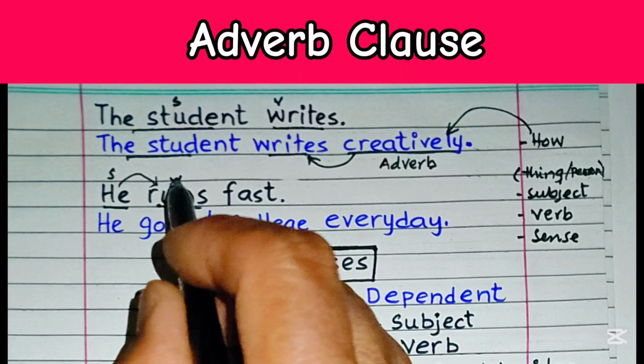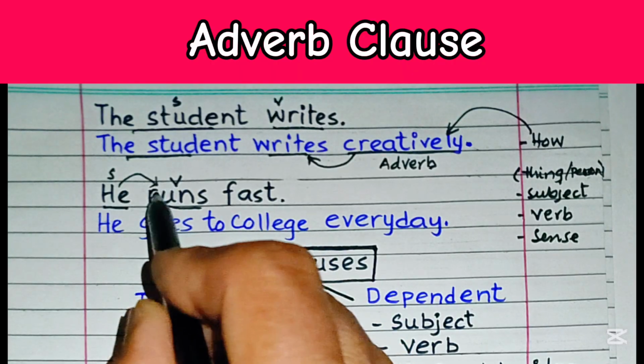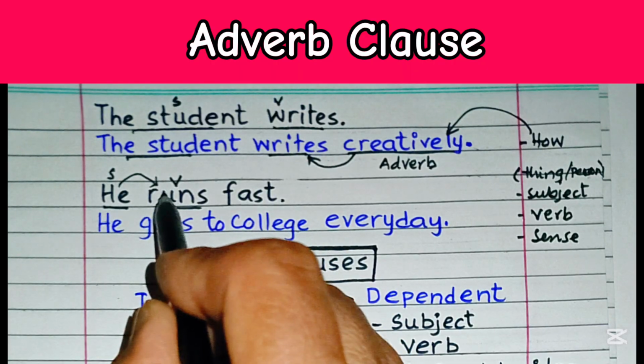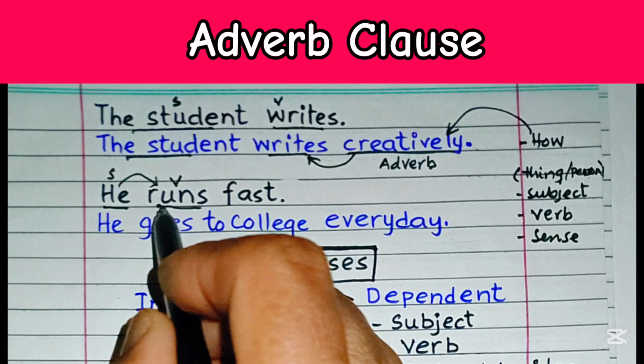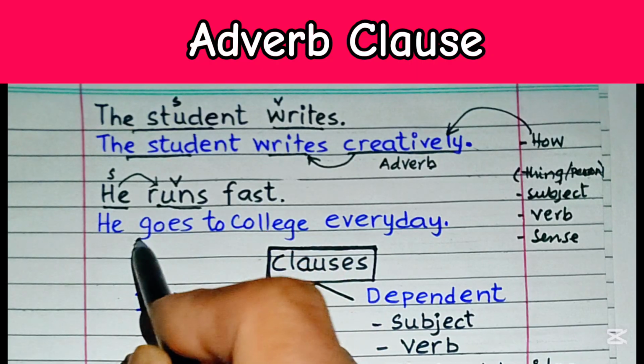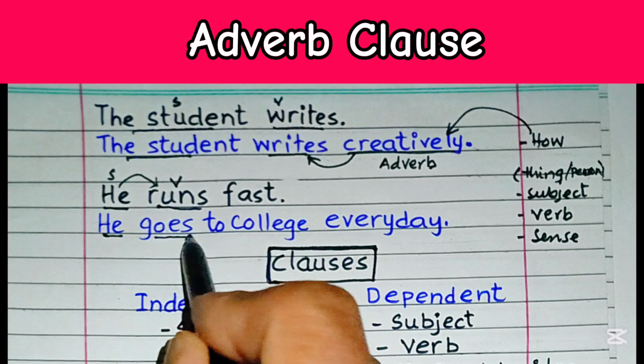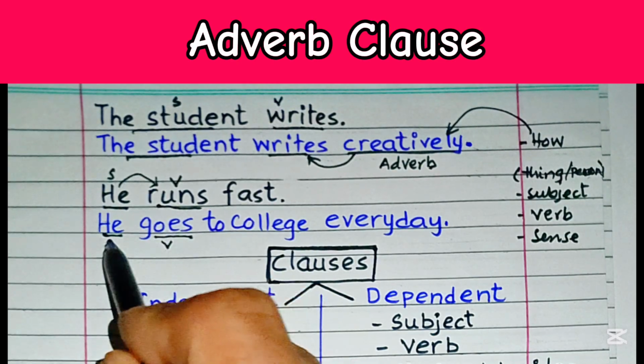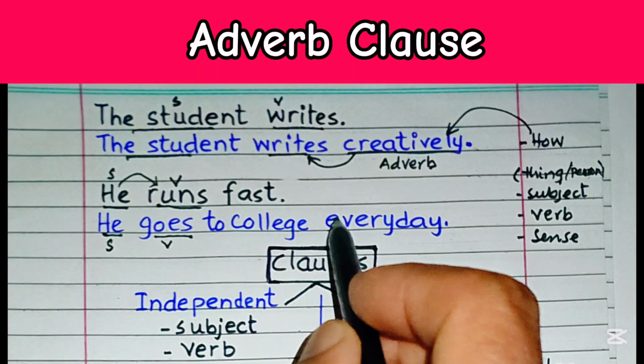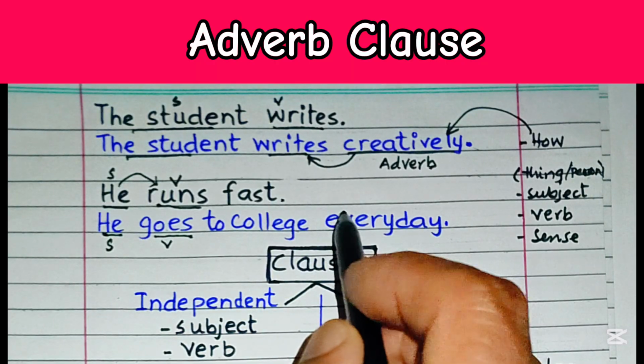So we always have a subject and a verb in a clause. Similarly, if I say he goes to college every day, he is the subject and goes is the action, the verb.